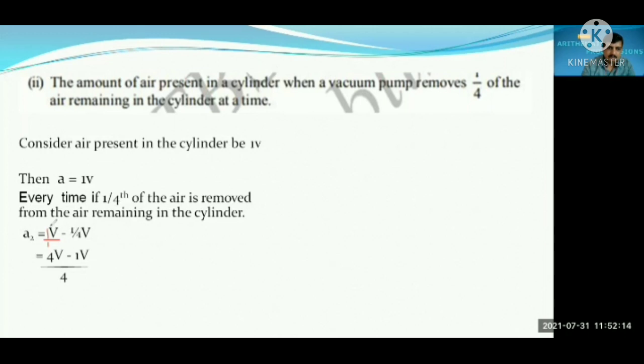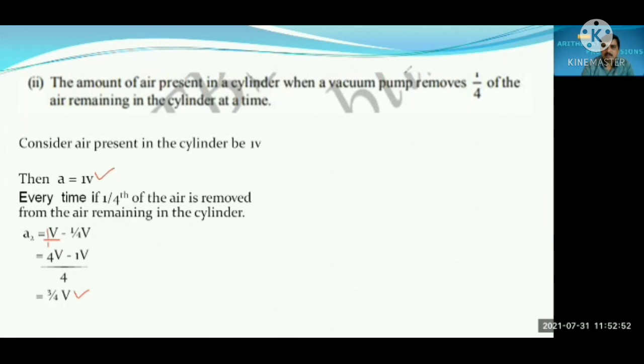So this 4 will multiply in the numerator: 4 ones are 4V, and this one will multiply with this numerator, so 1 one is 1V. Then 4 minus 1 gives 3/4 of V. So the first term is 1V, the air present in the cylinder. After removing 1/4 of V, we get 3/4 of V as the air remaining in the cylinder.